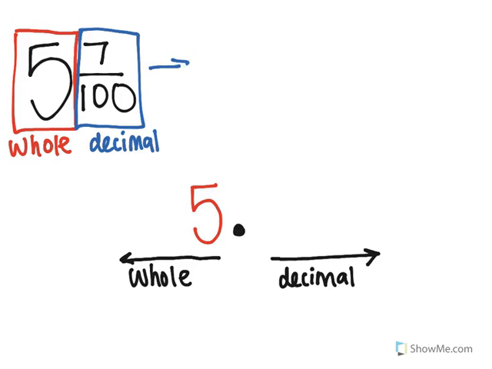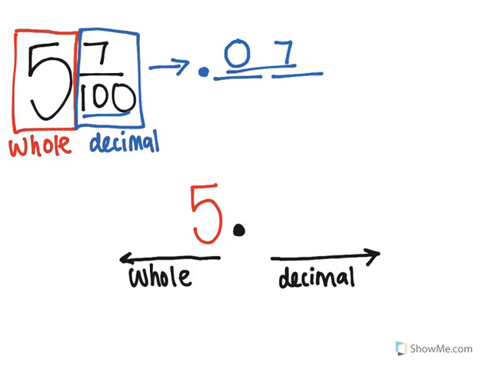Now I need to change this 7/10, or not 7/10, 7/100 to a decimal. So I put a decimal, I'm in the hundredths place, so that means I put my tenths and hundredths, and I need to put my 7 on top. Is that 7? No. This number would be 70, so that's not right. I need to put a 0 in front and 7.